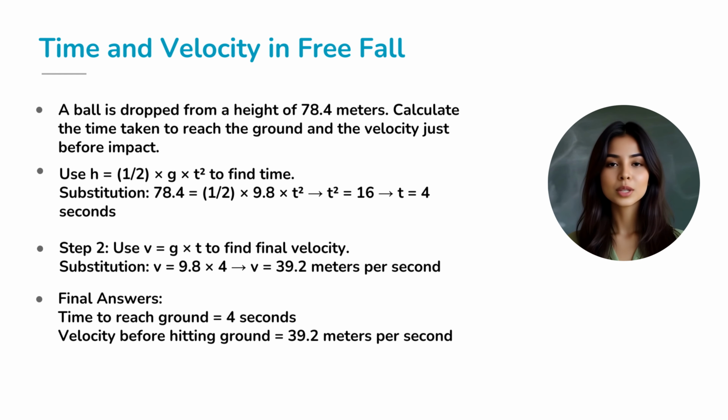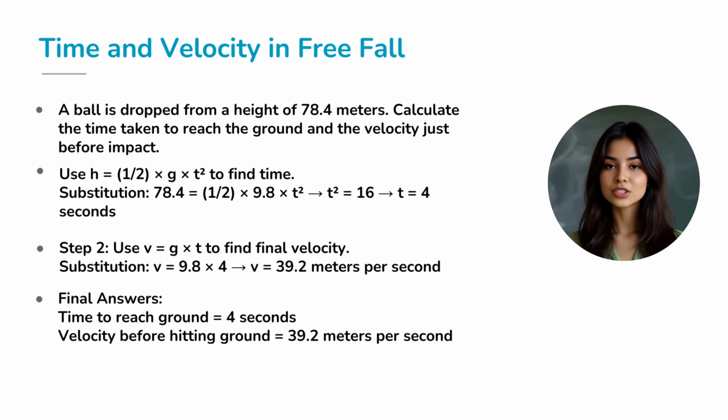Let's apply what we've learned with a solved example. Problem: a ball is dropped from a height of 78.4 meters. What is the time taken to reach the ground, and what is the velocity just before it hits? Step 1. We'll use the formula h equals 1 by 2 multiplied by g multiplied by t squared. Substitute the values. 78.4 equals 1 by 2 multiplied by 9.8 multiplied by t squared.